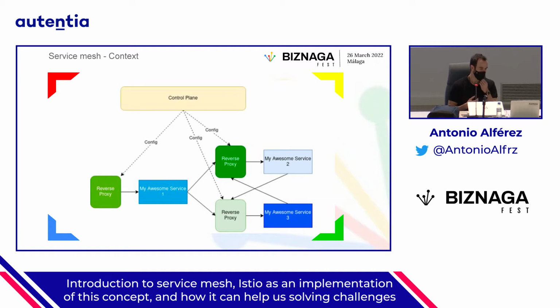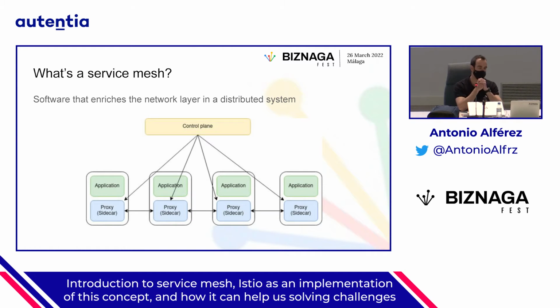Cool. We have that control plane that computes the configuration and pushes that configuration to the proxies, and let's rely on the proxies to do all the heavy lifting, to intercept the traffic and do all the TLS termination or whatever we need to. With this picture in mind, let's define what a service mesh is, because that's pretty much it.